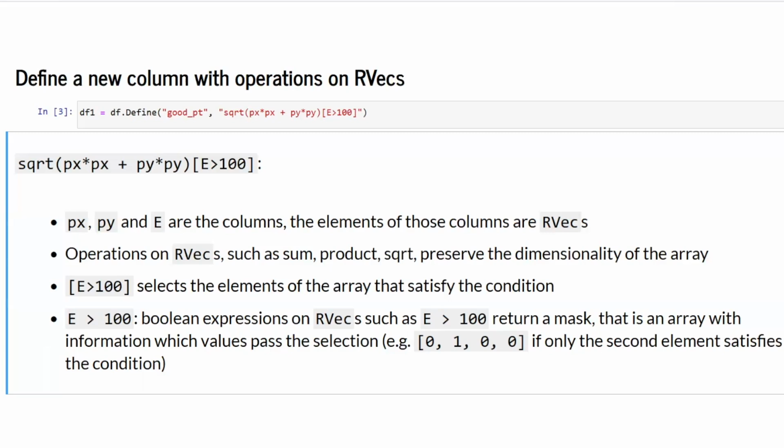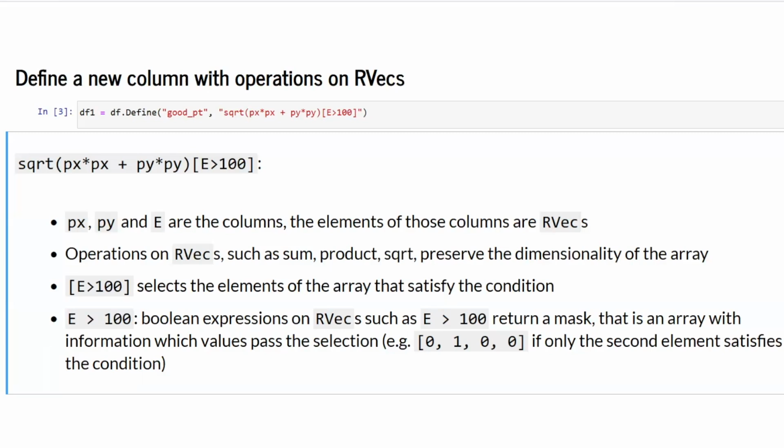And then the square root, same thing. So in general, we are preserving the dimensionality of the input arrays. And then finally, the whole expression is: give me the square root of the sum of squares of the two vectors, and then select only the elements that pass the criterion.